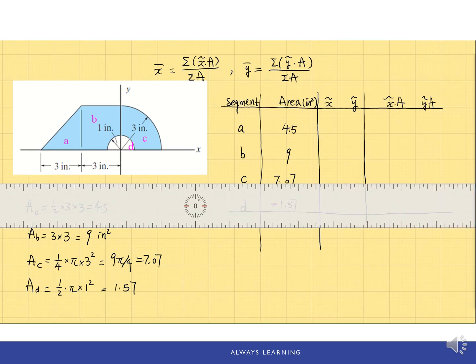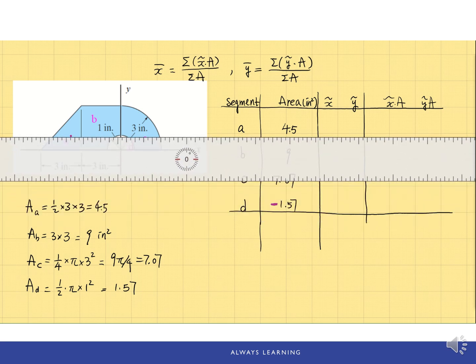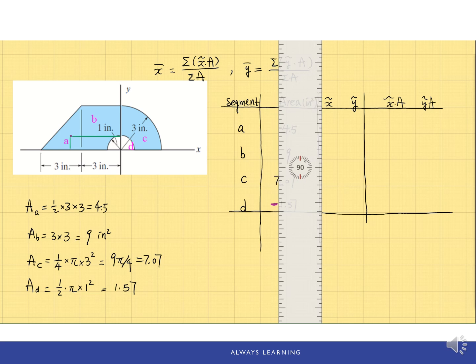Triangle A, the centroid is located 1/3 from each leg. So we're going to locate the centroid first. Let's say that's the centroid of triangle A, and we're looking for x tilde, or the coordinates of this centroid. So let me draw in a different color. We're looking at the distance from this centroid point to the y-axis, which will be the x tilde, and to the x-axis, which will be the y tilde.